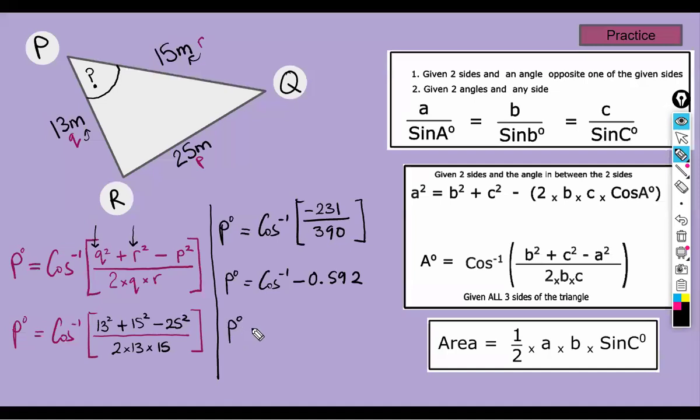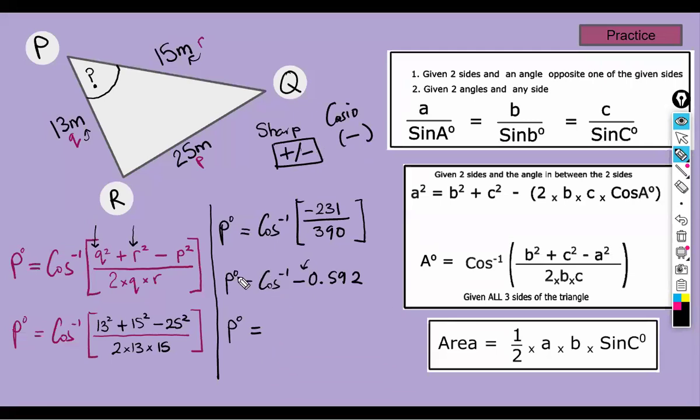Now you've got to be careful when you're typing this in on your calculator. Let me explain. This minus sign is not the normal minus sign. On your Sharp calculators, you will see this button. Look for this button, a plus or minus button. And on the Casio calculators, you will see a minus button in brackets. You're not using a regular boring minus sign.